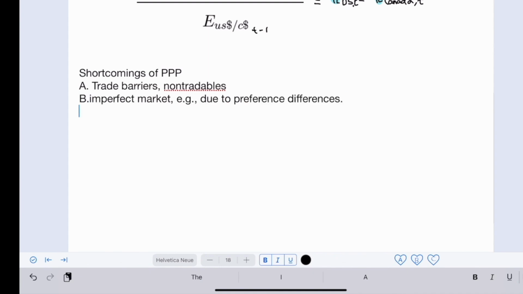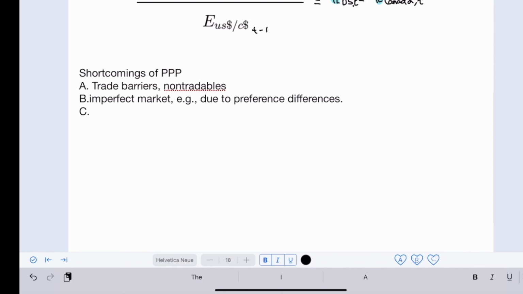The last problem is related to CPI. We know that the CPI is developed based on a survey on the typical consumption basket of a household in a country. The survey is conducted differently across countries. Therefore, the basket of goods, in fact, across countries may be different. Because of that, when you use the CPI to come up with the implied exchange rate, it may be different because you are comparing apples with oranges.